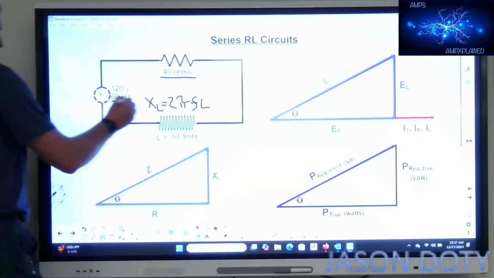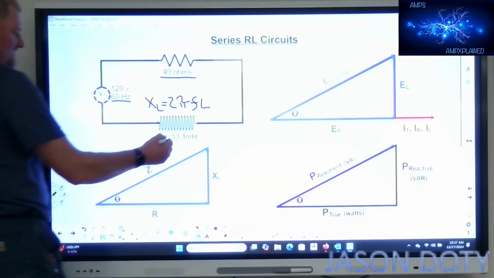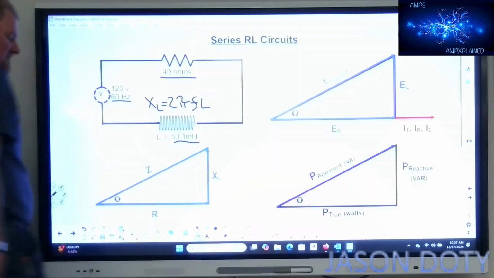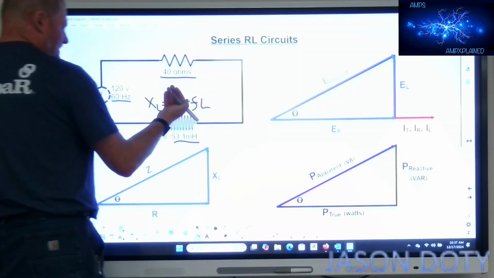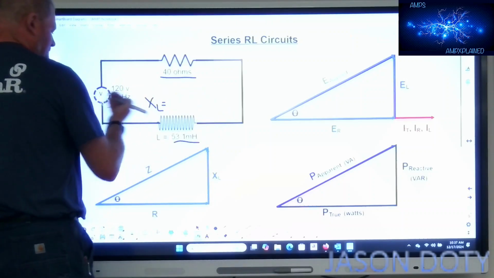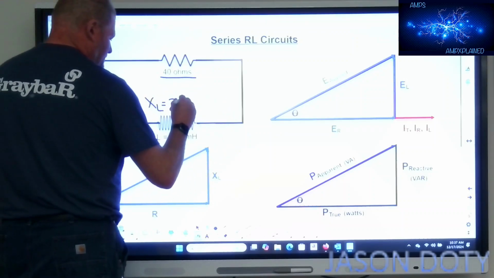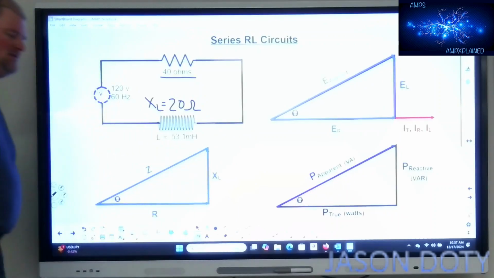We have the 60 hertz of frequency here, and we have our henries, what we measure inductors in. We perform our calculation, and we come up with 20 ohms for the ohmic value of that inductor.